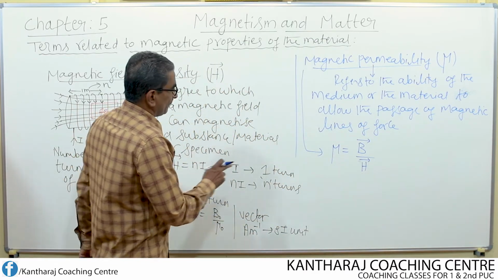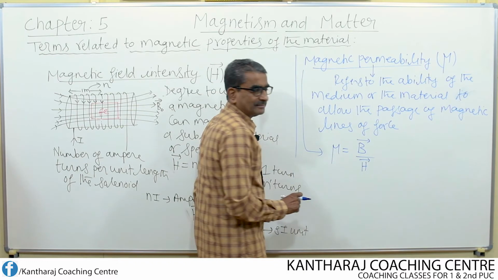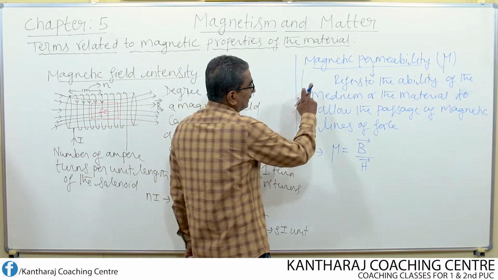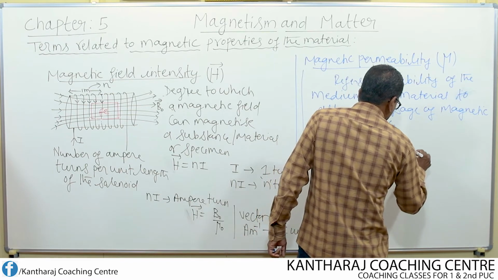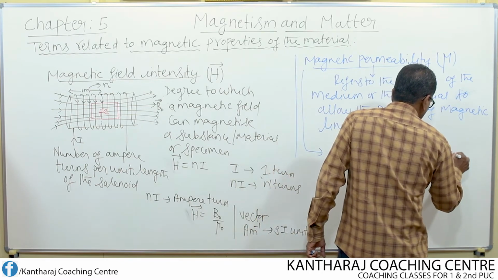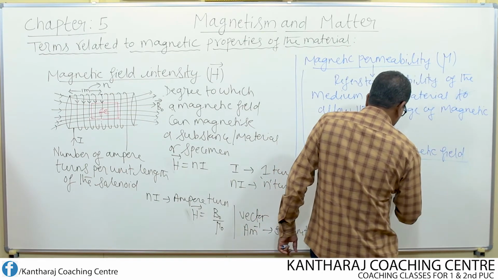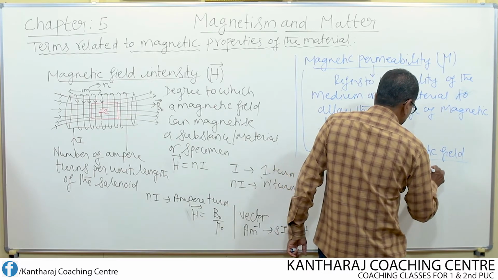So B divided by H is nothing but the magnetic permeability. So it is the ratio of magnetic field to magnetic field intensity.